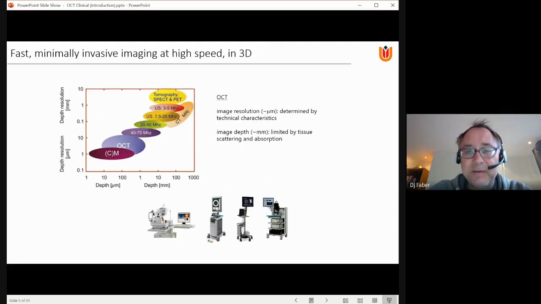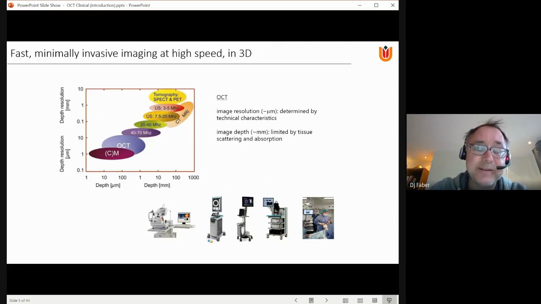Okay, so how does it look? This is again a graph that I guess you already saw, where various imaging techniques in the clinic are put on an axis where you have on the horizontal axis depth, so how deep you can see into tissue, and on the vertical axis the resolution at which you can make these images.